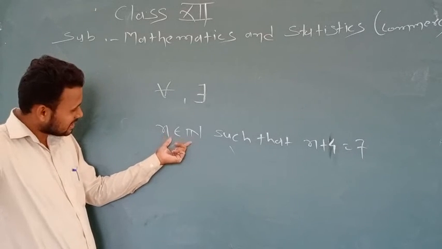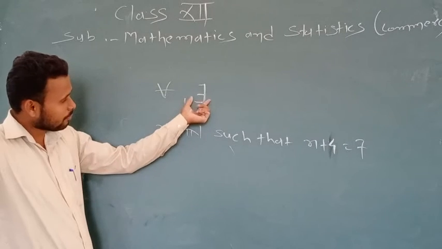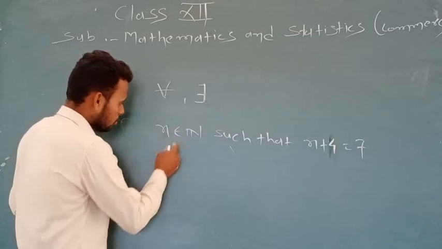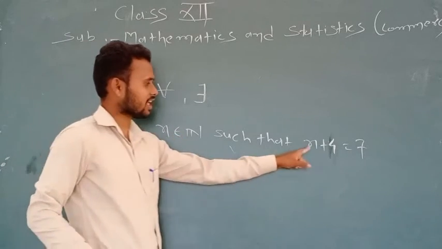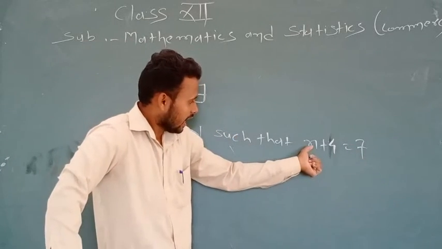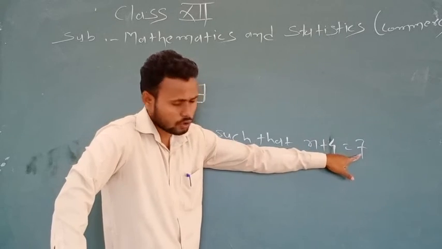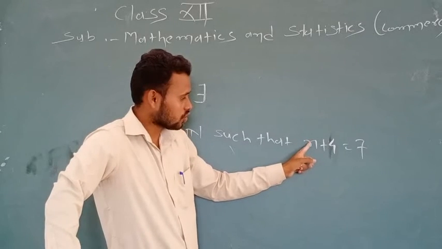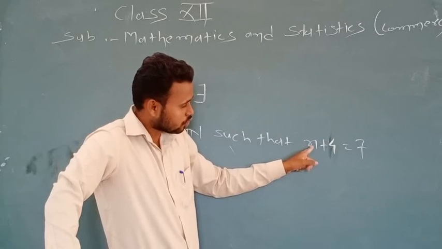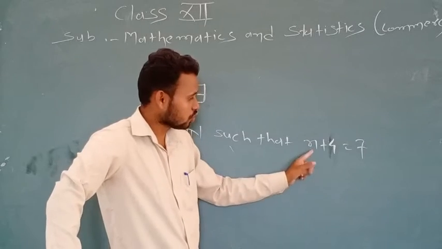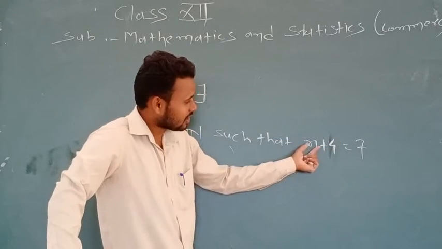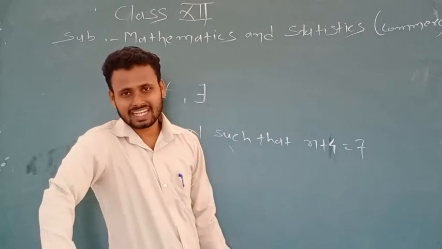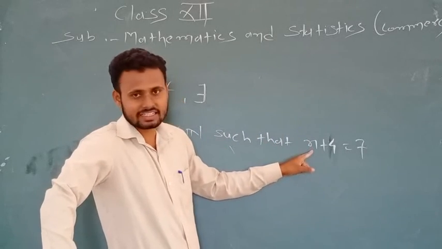Now we can write this sentence with the help of the quantifier there exists. It means x is such a natural number that x plus 4 should be equal to 7. There is only one natural number, 3, that belongs to natural numbers. If you put x equal to 3 then this equation is satisfied. If any natural number other than 3 is substituted, the equation is not satisfied. There are infinite natural numbers, among which only one satisfies this.